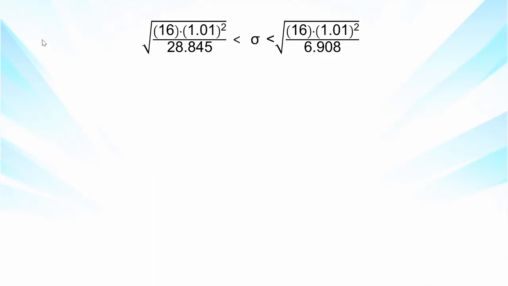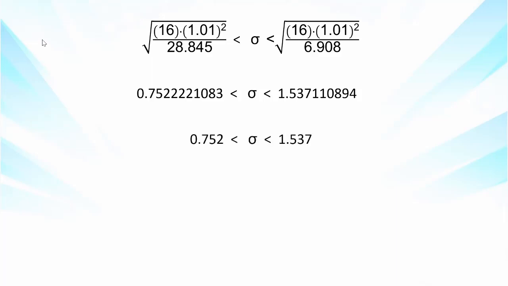We use our calculators, and we figure out that the left-hand fraction is 0.7522221083, and that the right-hand fraction is 1.537110894. If we round this off, we get 0.752 and 1.537.